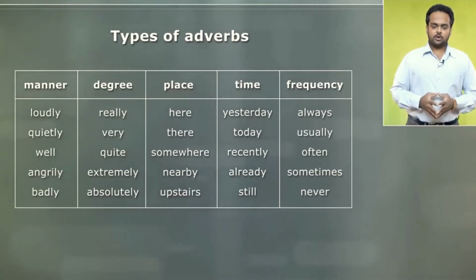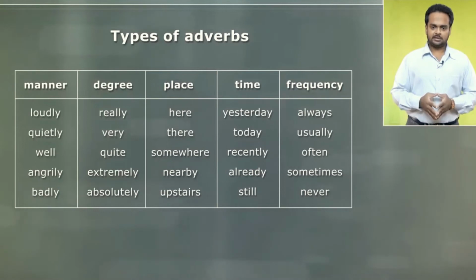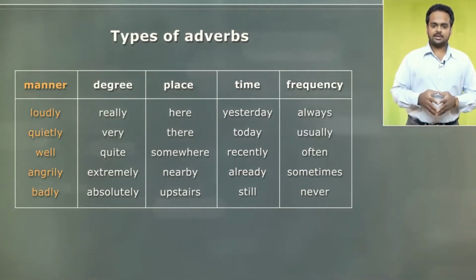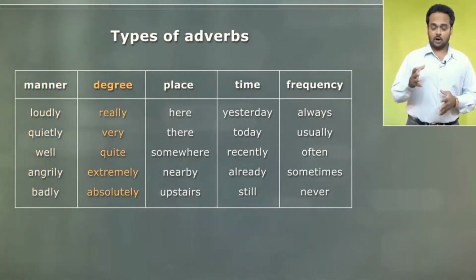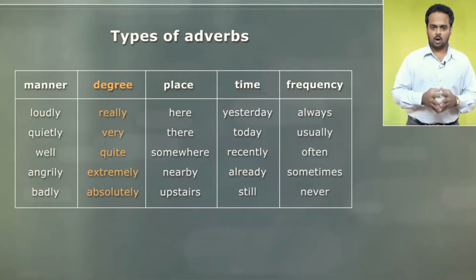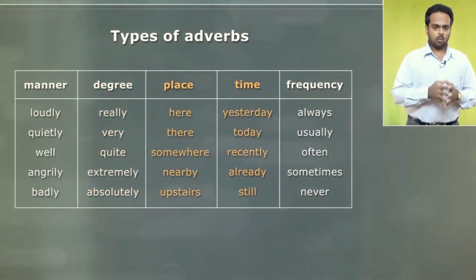Okay, adverbs are usually classified as adverbs of manner, degree, place, time, and frequency. Adverbs of manner tell us how, that is, in what way an action happens. Adverbs of degree tell us how much, very good, really strong, and so on. Adverbs of place and time tell us where and when.